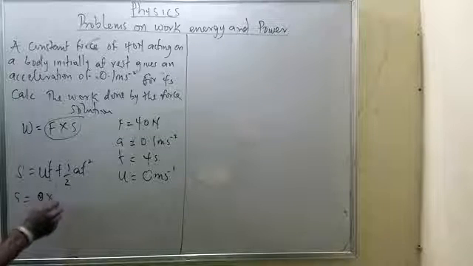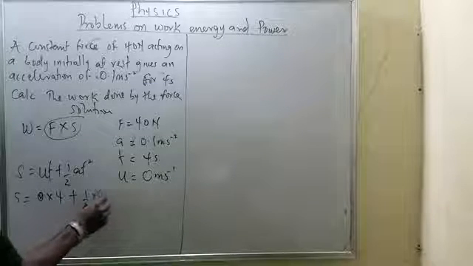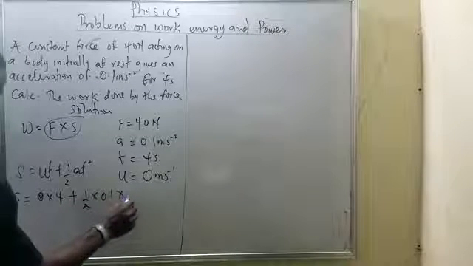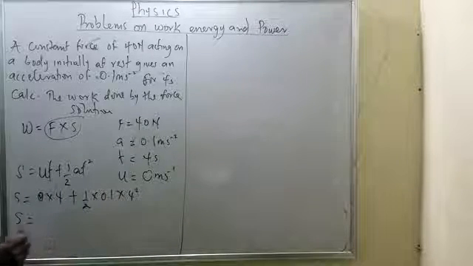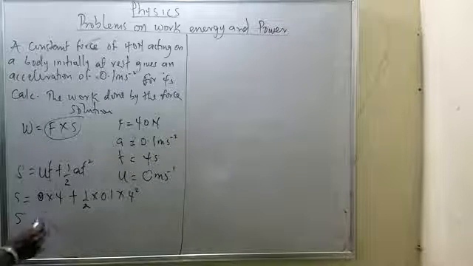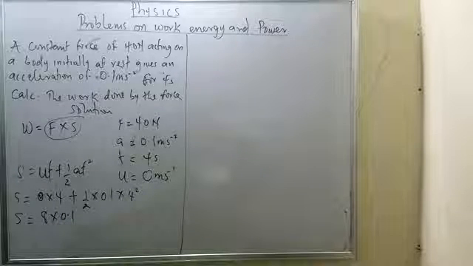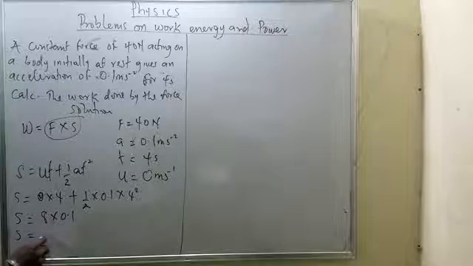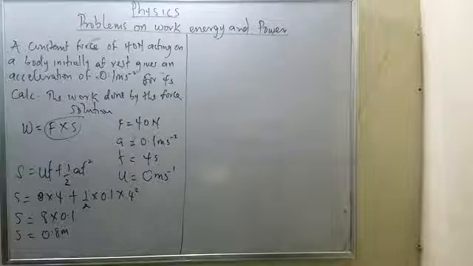It is 0, multiplied by t which is 4, plus 1 over 2 multiplied by acceleration 0.1, multiplied by t squared, which is 16. Now, the first term will be 0. s equals 16 divided by 2, that will be 8, multiplied by 0.1. 8 multiplied by 0.1 means 0.8. So my answer is s equals 0.8 meter.